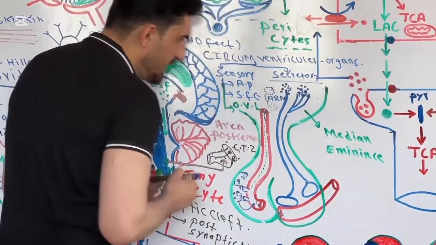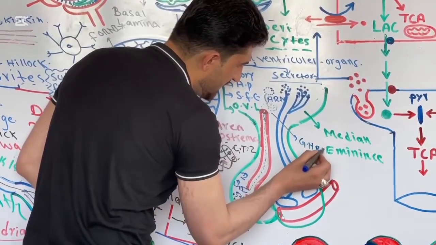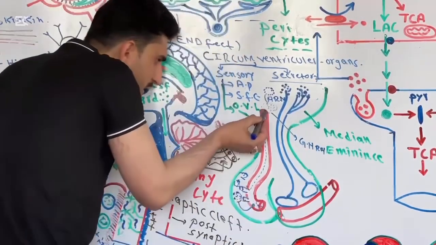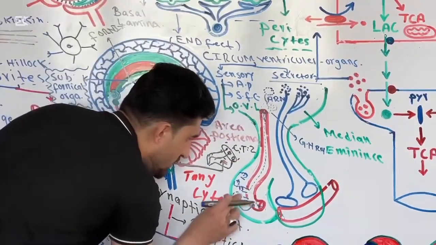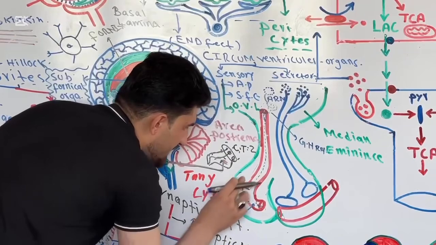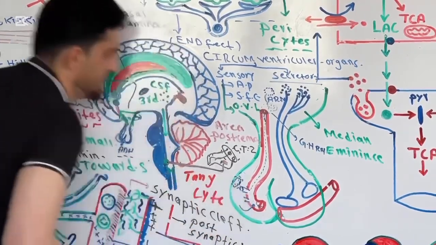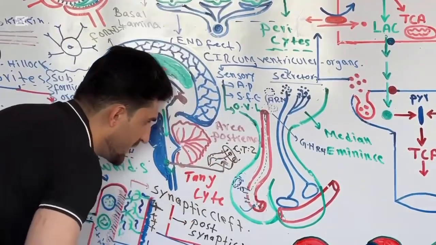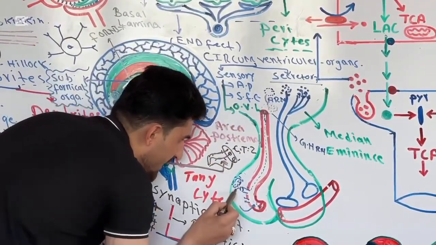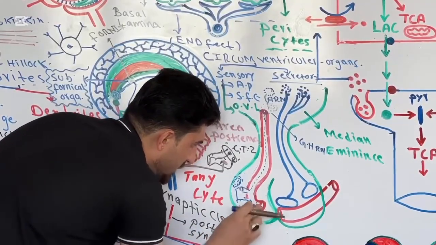This hormone comes to the anterior pituitary gland and stimulates a group of cells there, and this group of cells then secretes growth hormone into the blood.